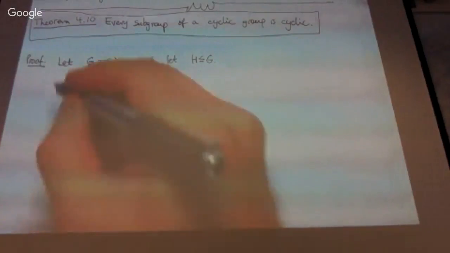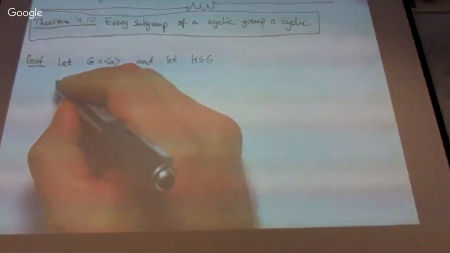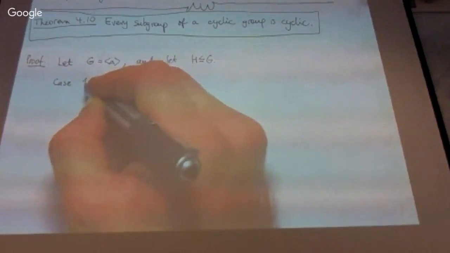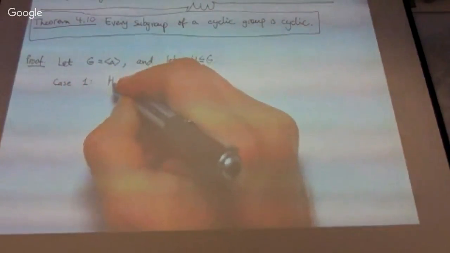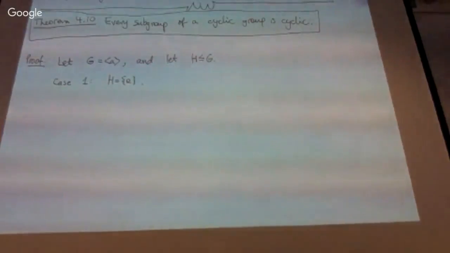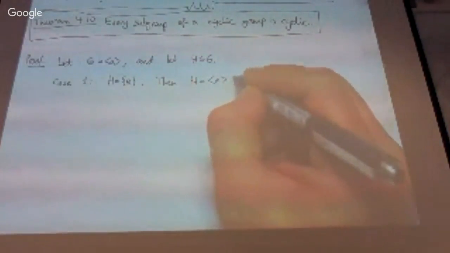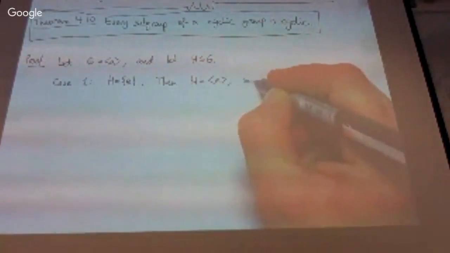So there is one case which is kind of elementary. Case 1: H is just the identity. Now we're going to deal with it separately, but then H is generated by this identity, so it's cyclic.